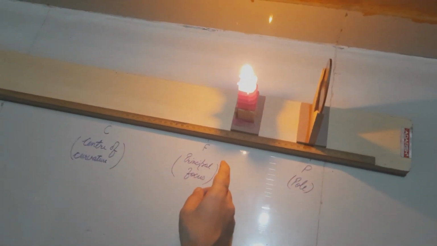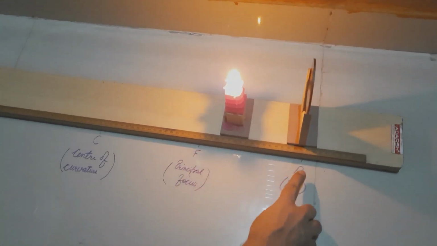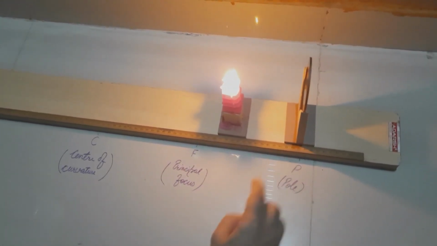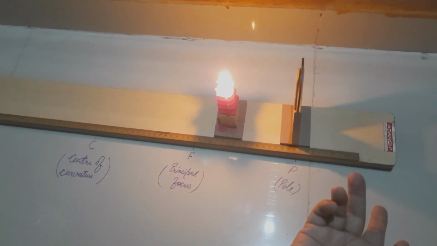I have now placed this object, the candle, between F and P. Now the image will be formed behind the mirror. Let us try. If I move this white sheet here and there, I am not able to see its image in front of this mirror. Why?